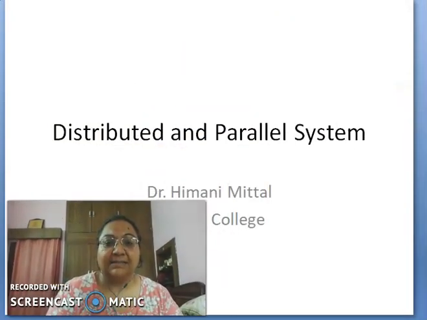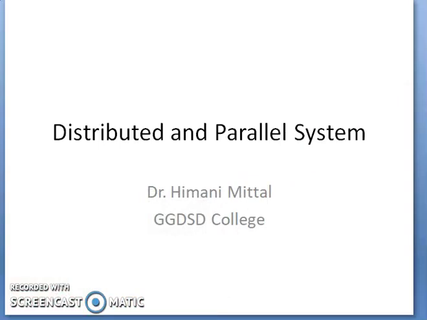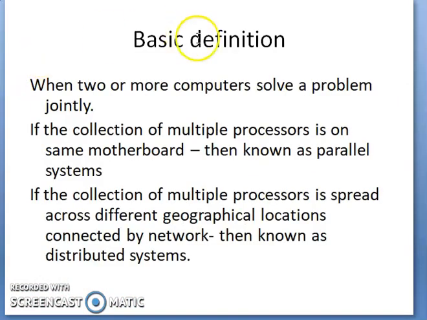In parallel systems and distributed systems, the basic definition is that they involve two or more computers to solve the problem. That means both in distributed and in parallel there are more than one computer.